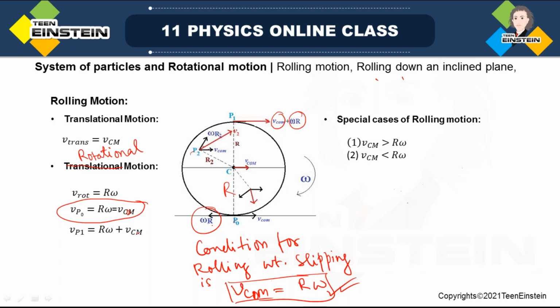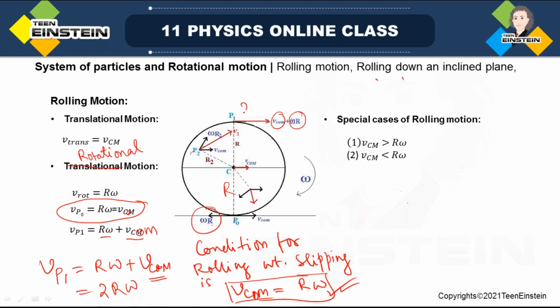So the resultant is R omega plus VCOM, and if we use the condition VCOM equal to R omega, it will be 2R omega.